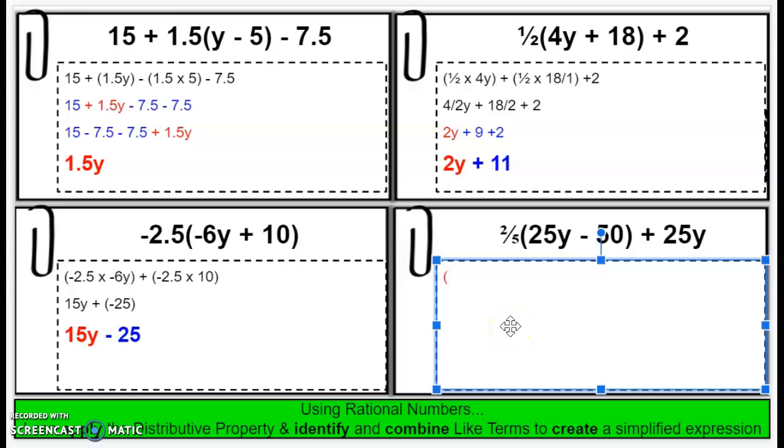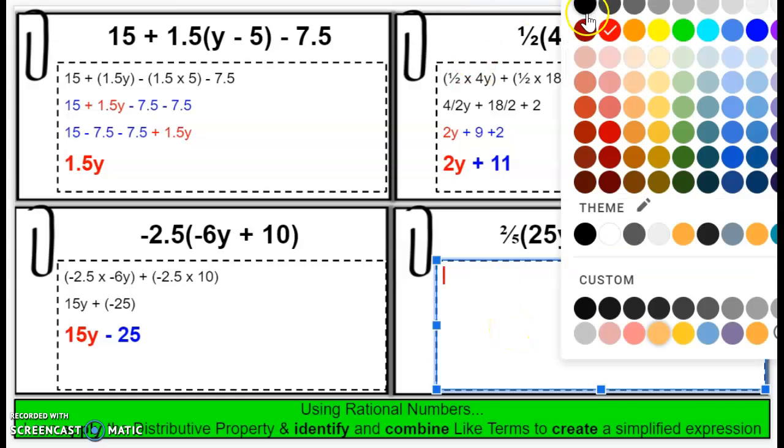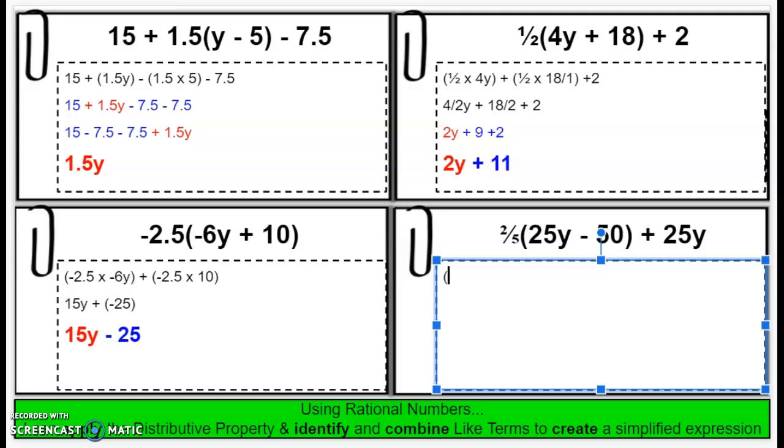So my first one, 2 over 5 times 25y. I am going to subtract because I have a subtraction sign in here. So minus 2 over 5 times 50. And then I'm going to bring down my last term over here, which is 25y.